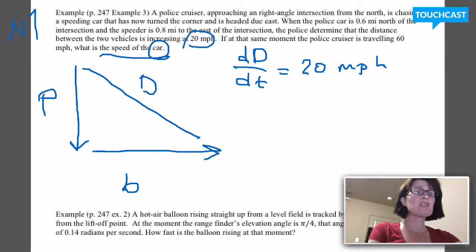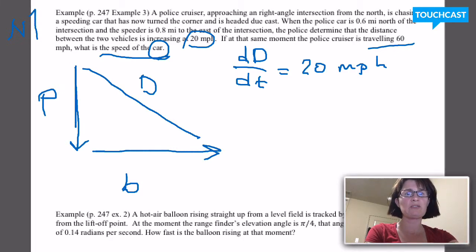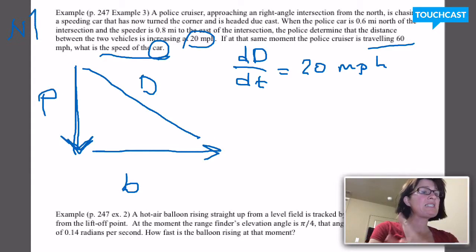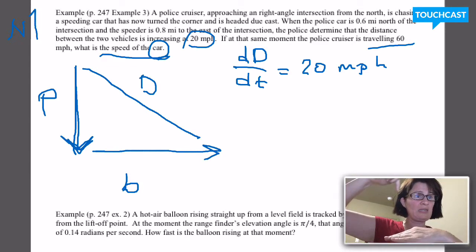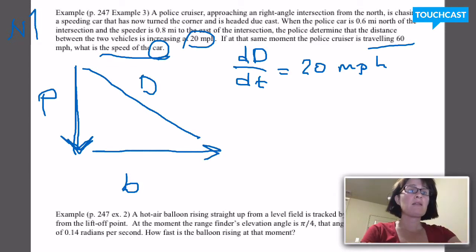What do I know about the police car? The police car is going 60 miles an hour, and I know which direction it's going: toward the intersection. So notice here, because this is our first time, the distance P between the police car and the intersection is getting smaller. That means dP/dt, the rate at which the distance P is changing, is negative 60 miles per hour.